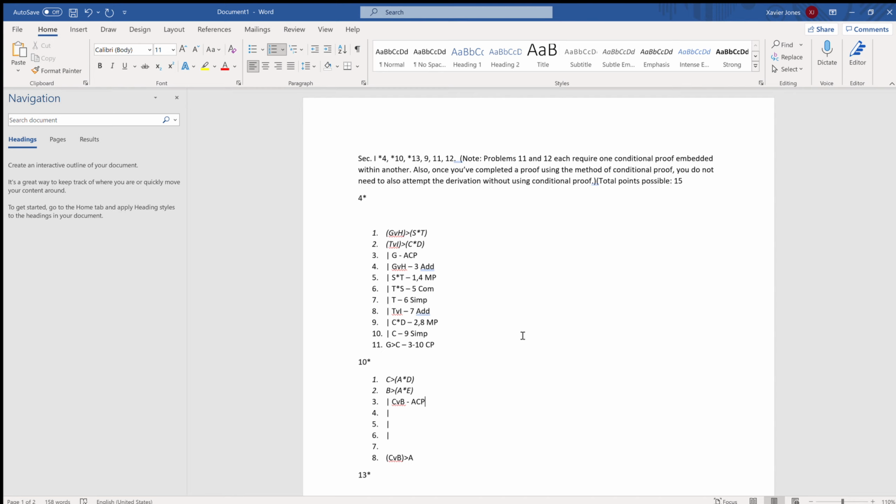If we can somehow get not C or B, then we can use De Morgan's. But that's not very useful right now, is it? Like I said, I have no idea.